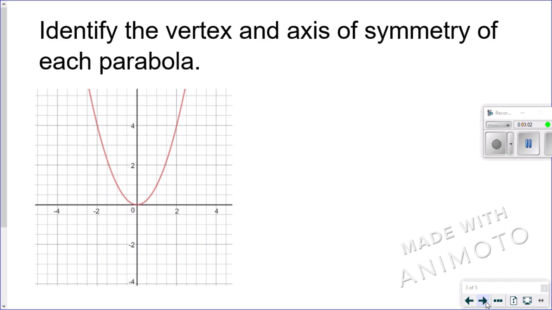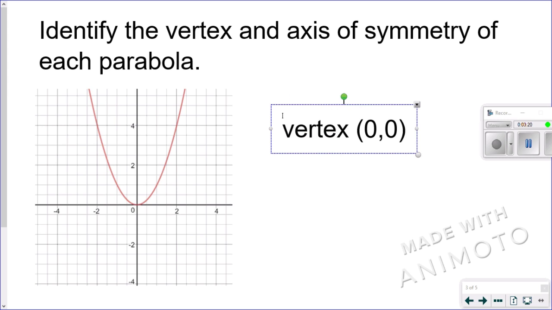Identify the vertex and axis of symmetry of each parabola. Again, the vertex is the turning point, or in this case, where the decreasing interval changes to an increasing interval. So that would be right here. So the turning point is happening at 0, 0. So the vertex is at ordered pair 0, 0. Axis of symmetry is the line that cuts the parabola in half.